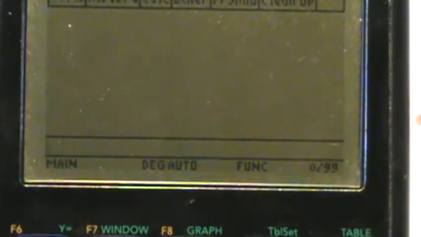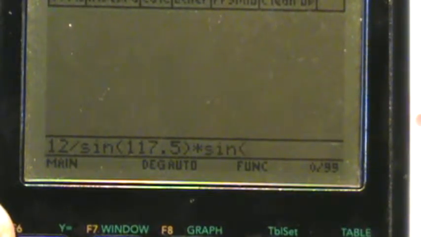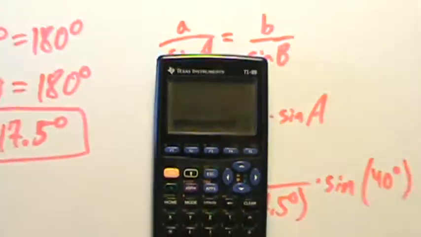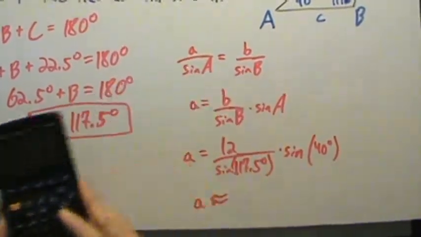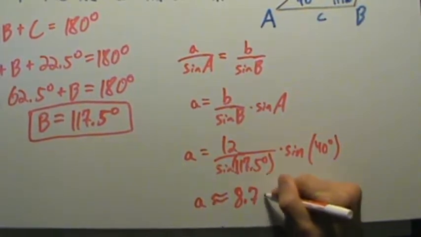Then we want to do 12 divided by sine of 117.5, and then multiply by sine of 40. We get approximately 8.6960, which rounded to the nearest hundredth is about 8.70. So a is about 8.70.